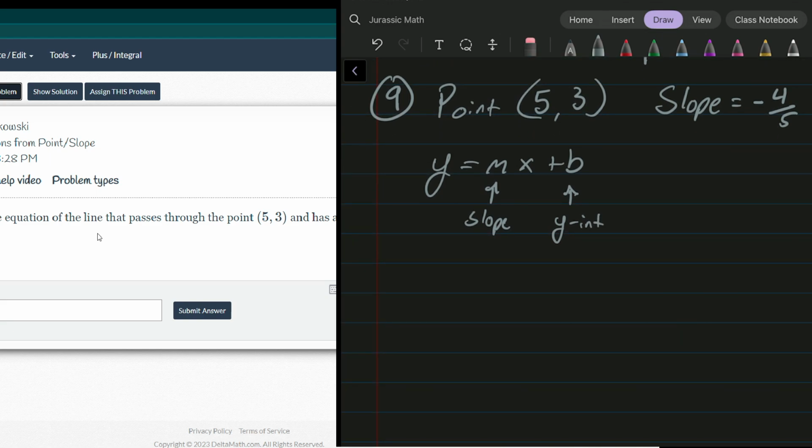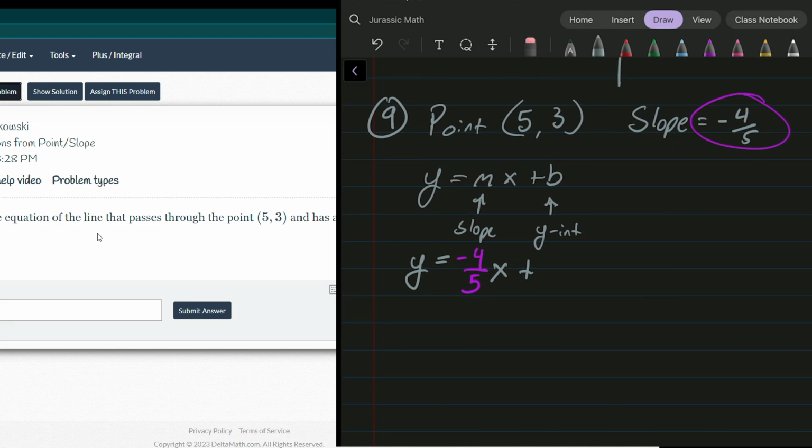So for this one, we can say y equals, well, our slope is right there, -4/5 x plus, they did not tell us the y-intercept. So what we need to do is plug in our point and solve for b. The y of our point is 3 equals -4/5 times our x, which is 5, plus b.